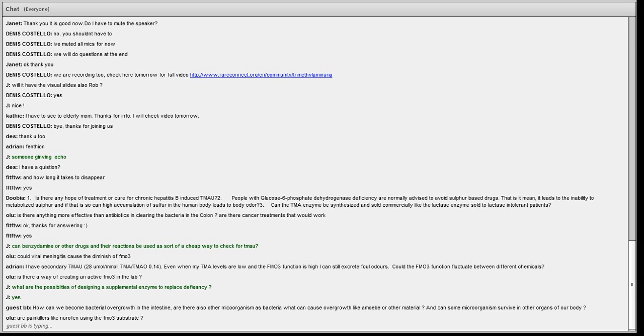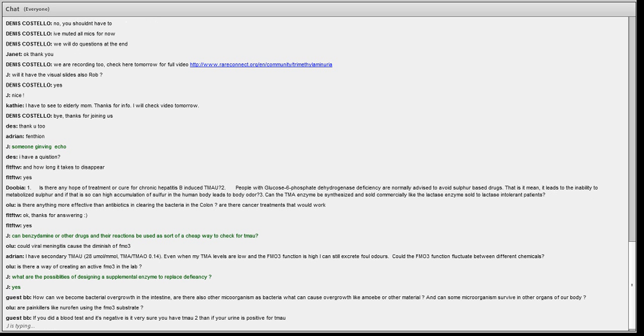Also, anything that has to be given to a patient has to undergo very strict guidelines, and there are a lot of complications in that. In theory, yes, but in practice, it's a lot more difficult.